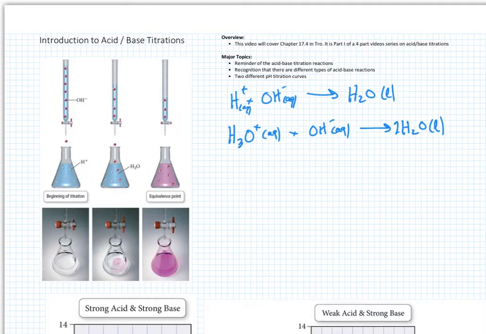So let's put a few names on this as well. So this indicator change we call actually the endpoint. So this is a little distinction that we need to make. So the endpoint is when an indicator changes color.